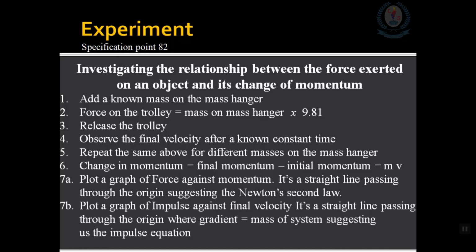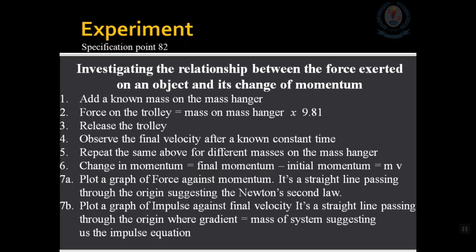We can go for another graph from this experiment. That is, we can plot a graph of impulse against final velocity. Now if you can remember, the equation: impulse is equal to change in momentum. Or in other words, as the final momentum is there but initial momentum is 0, impulse is equal to mass into final velocity.